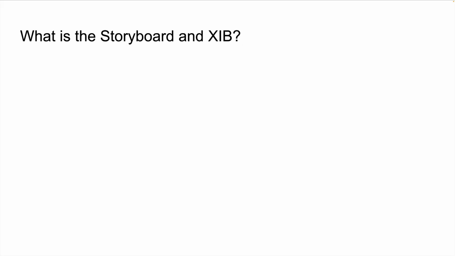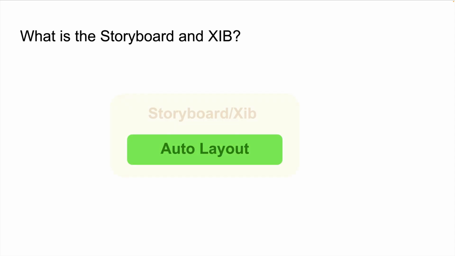Storyboard and XIB are just a wrapper for the Auto Layout system, introduced by Apple as a tool to create and edit UI for iOS and macOS apps. The difference between Storyboard and XIB is that an XIB file allows presenting only one screen or view, while a Storyboard file can contain multiple screens. At first glance, it seems that this is a very good way to create a user interface.